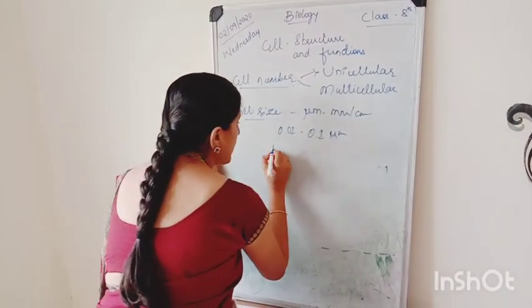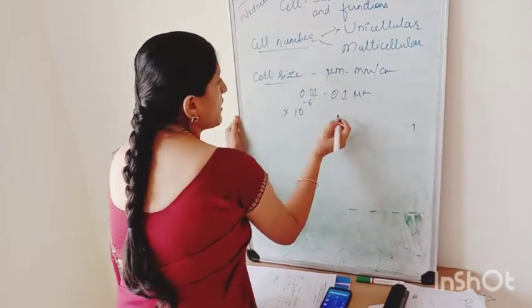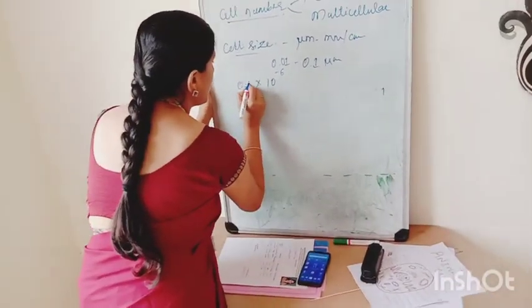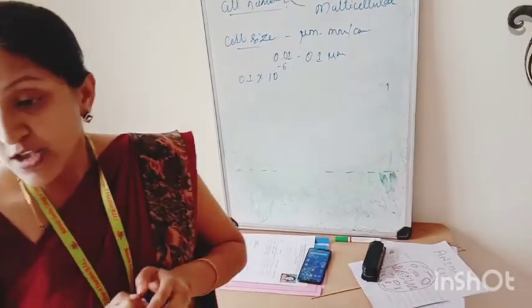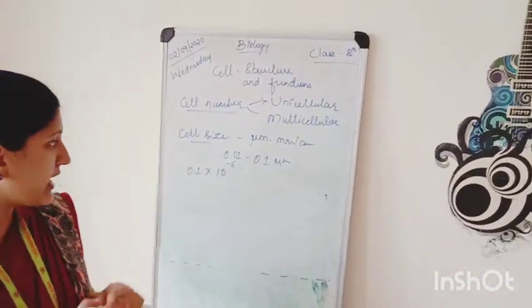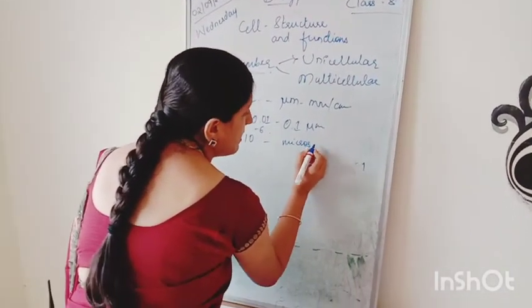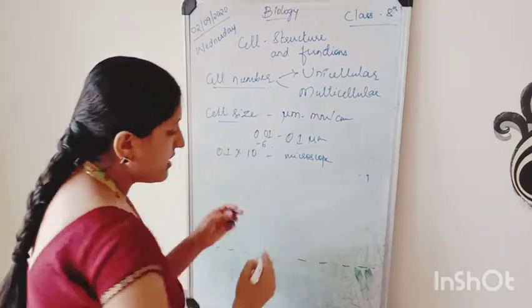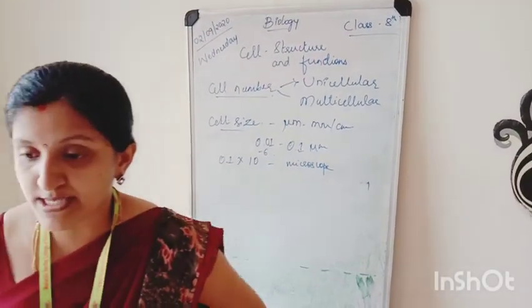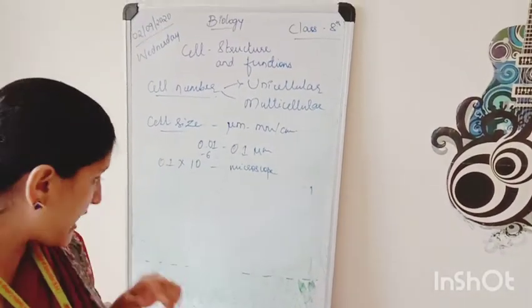A micrometer is nothing but 10 power minus 6. So 0.1 into 10 power minus 6 is so small that we cannot see them with the naked eye. For that we need a microscope to observe the structural formation completely.